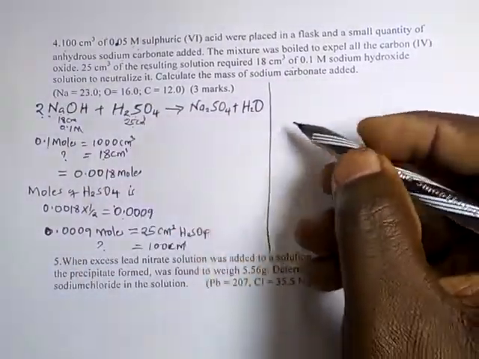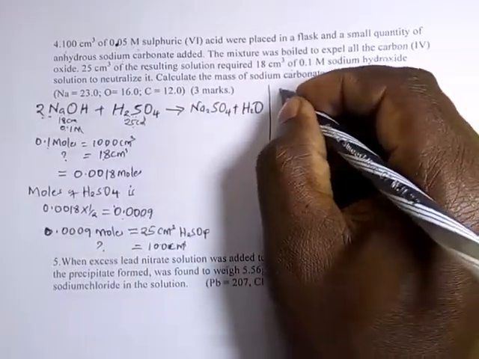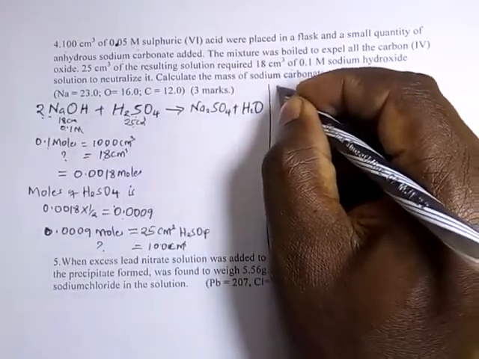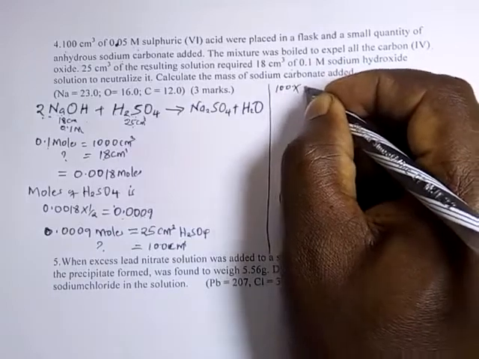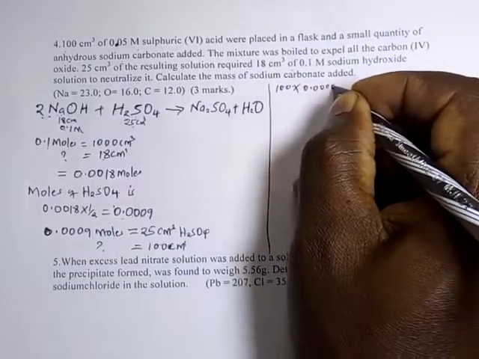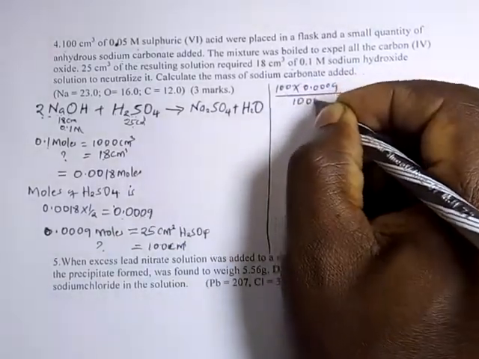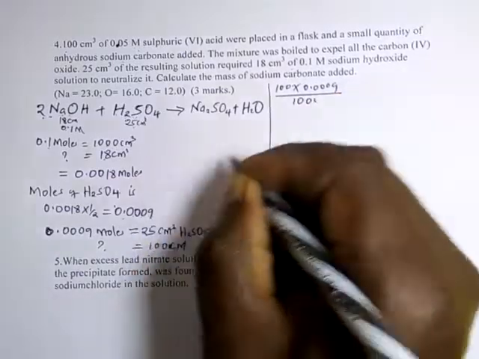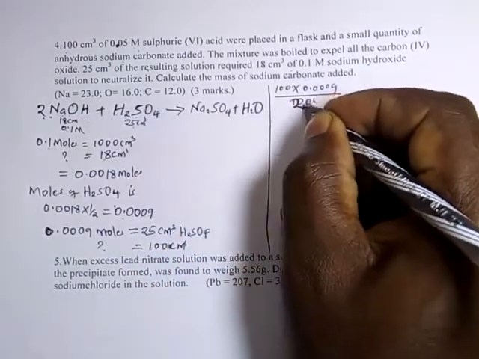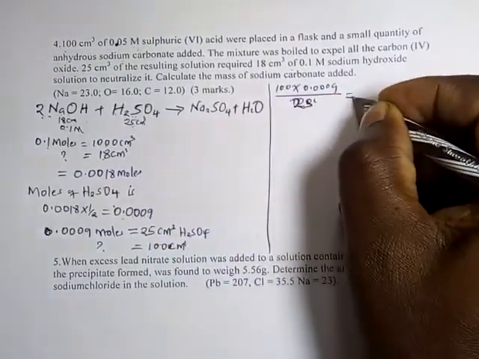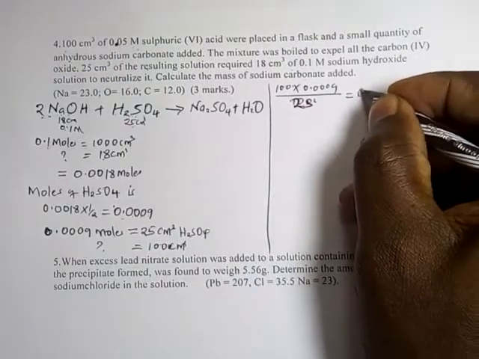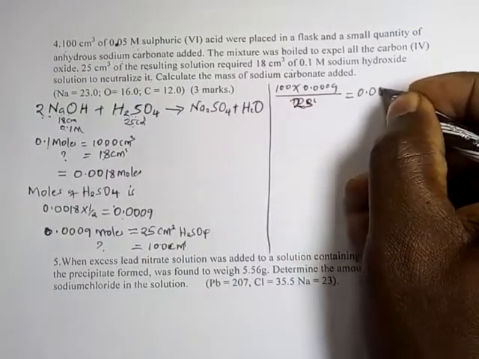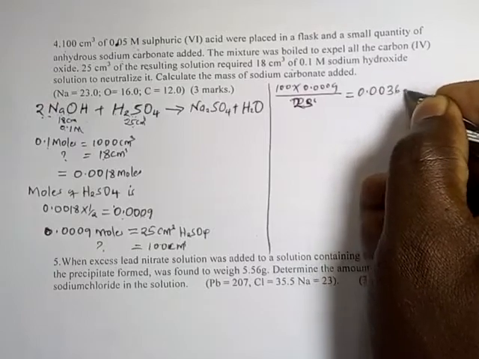Now this one is going to give us 100 times 0.0009 divided by 25, and it is going to give us 0.0036 moles.